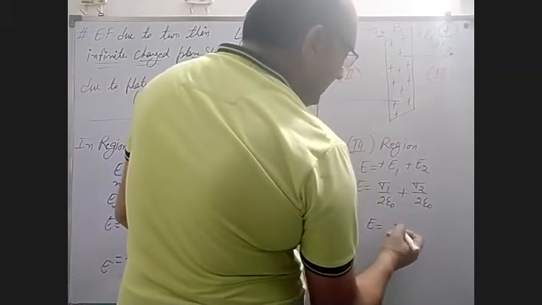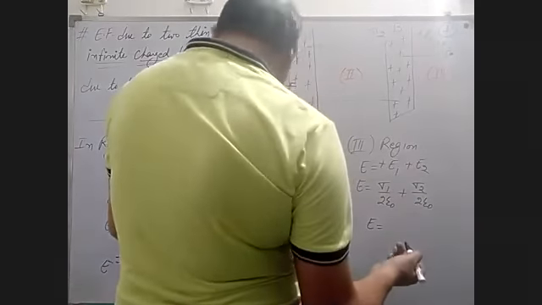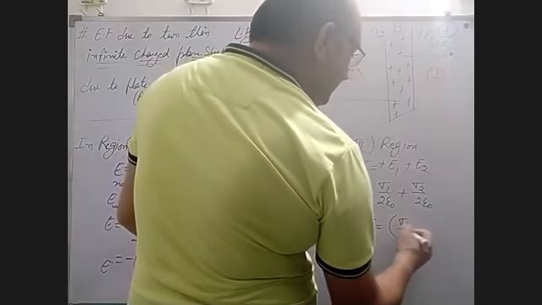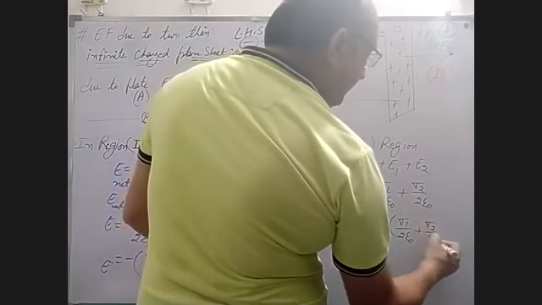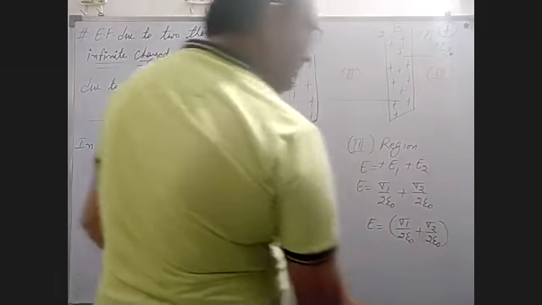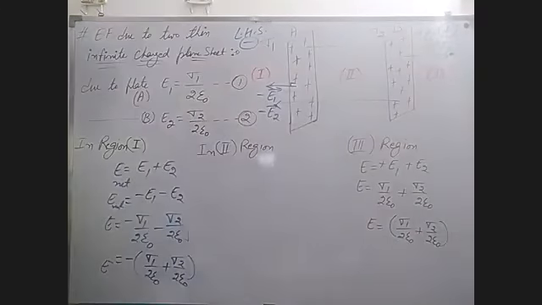Now E is equal to, if you want to take common, then 1 upon 2 epsilon naught is common. Okay, this is the answer in the second question.